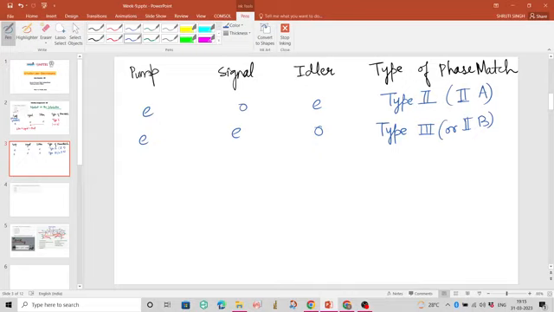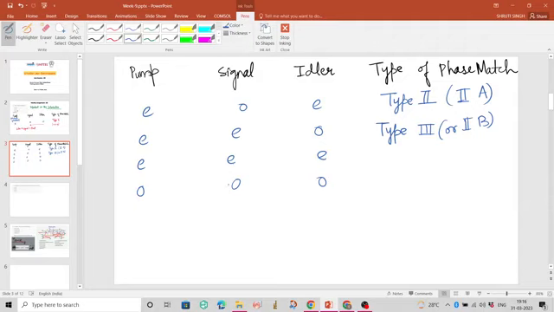The next one can be, we have all three the same, E, E, E, or we can have all three as O, O, and O, all 0 degree polarized. And this one can be all 90 degree polarized. The last time I told you that signal and idler will be perpendicularly polarized, and signal and pump will be perpendicularly polarized.